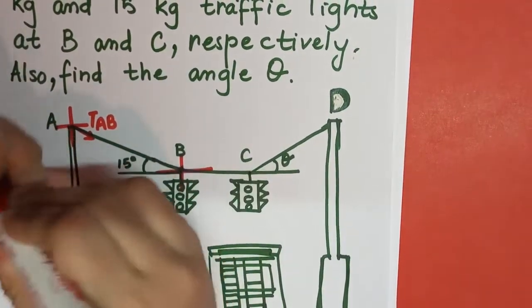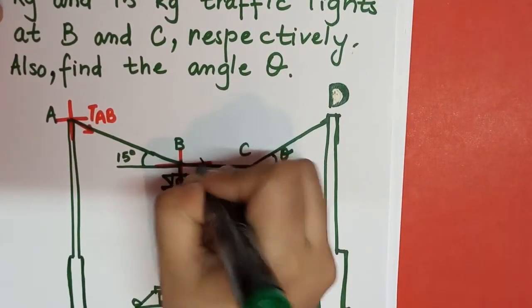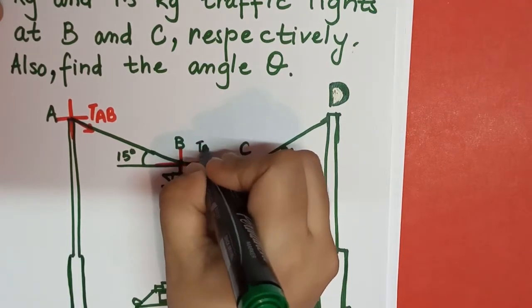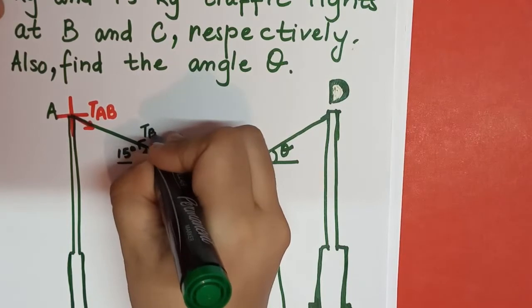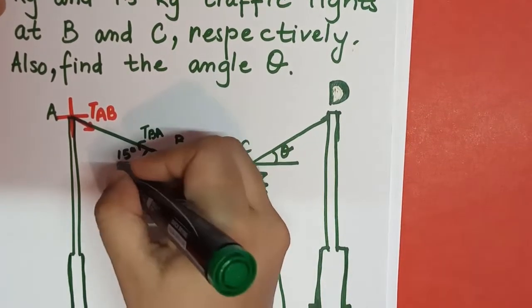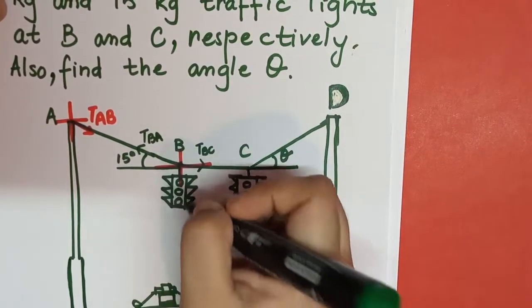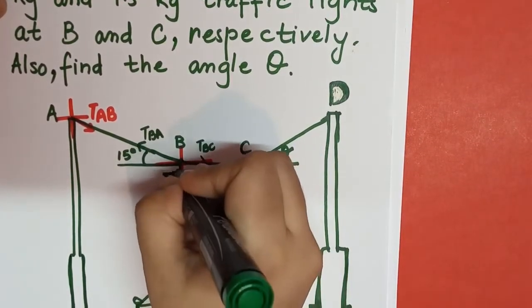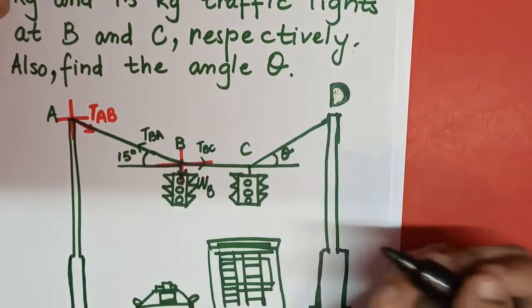There is one tension, TBC, and another tension, TBA, making angle theta, or 15 degrees, with respect to the negative x-axis. And there is the weight acting downward, WB, which is the traffic light.